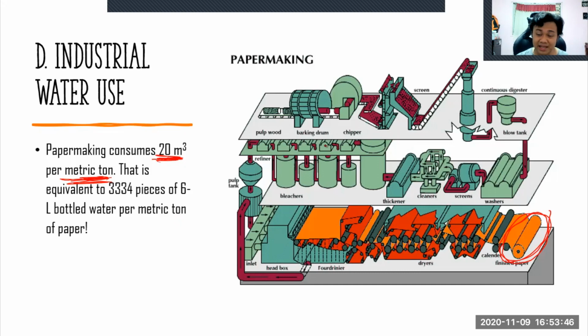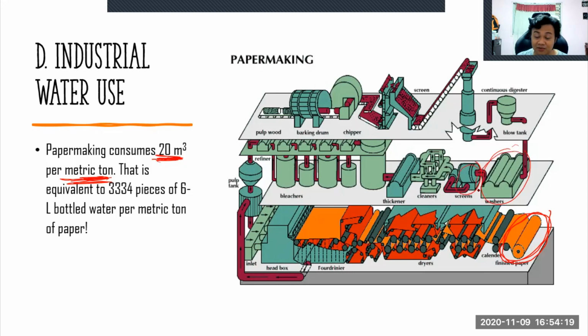Paper making really has a large water consumption. I have been to a paper making plant, and they don't use virgin pulp wood. They use recycled carton, recycled paper. Imagine, in all those processes, you have your washer, you have to screen that.